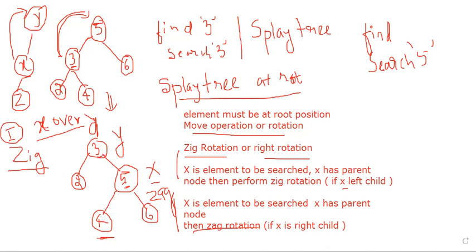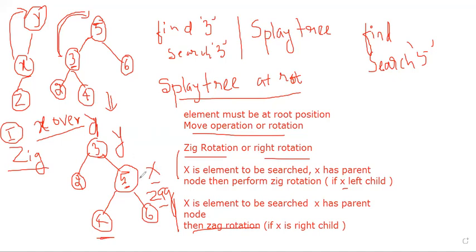After rearranging, the element is placed in the root node. Now let us perform the check operation. Why do we perform the check operation? Because the element to be searched is present.